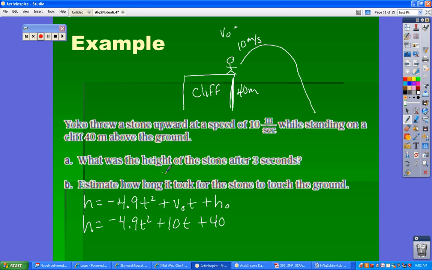So what was the height of the stone after 3 seconds? Well, plug that in for t, and you can figure this out. H equals what? Okay, I'm going to break out my calculator here. 3 squared is 9. 9 times negative 4.9, plus 10 times 3 is 30, plus 40. 25.9.